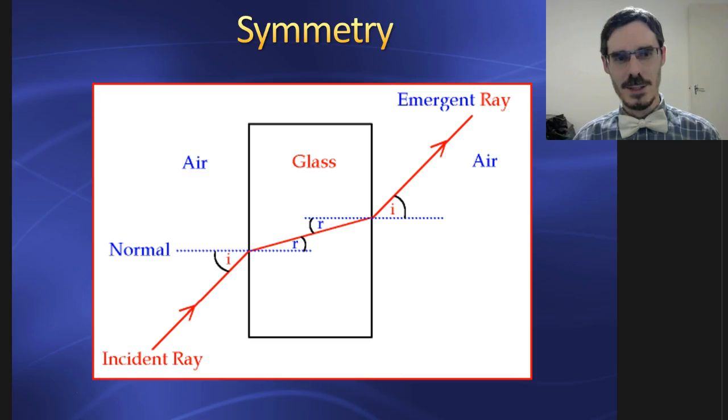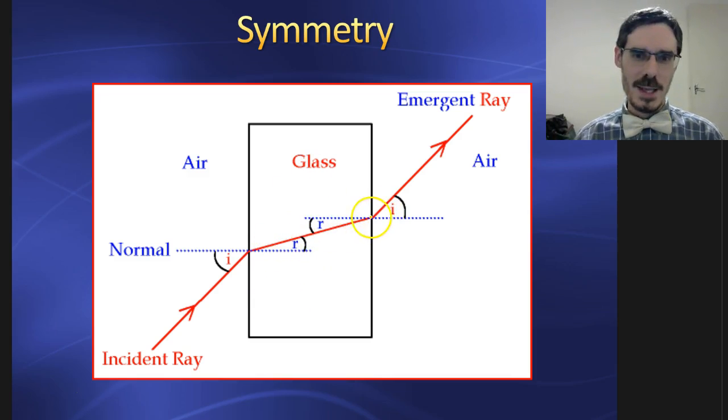The mathematical relationship between these two angles is such that it's actually very predictable what would happen at the other side of a block of glass. When the light ray comes in from air and gets into the glass, it's going to bend towards the normal because the glass is optically more dense.